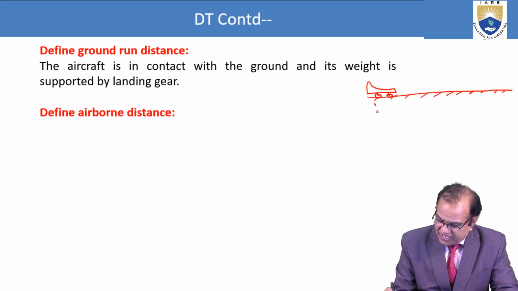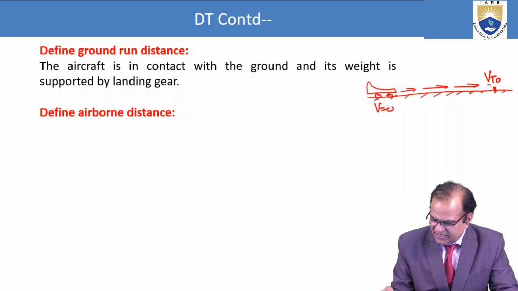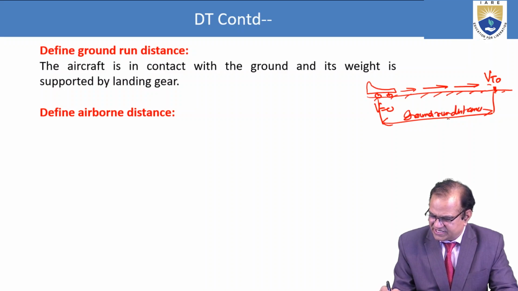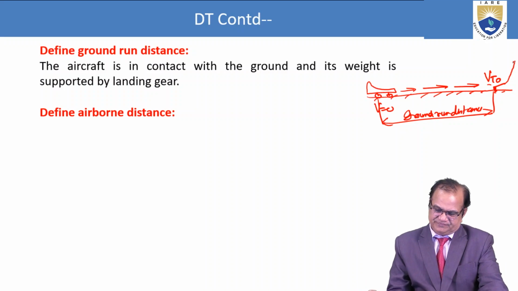It is V is equal to 0 to V is equal to V takeoff. Accelerated here, this is called the ground run distance, and this is very much essential. After that it is ground roll, then it is climbing like this.